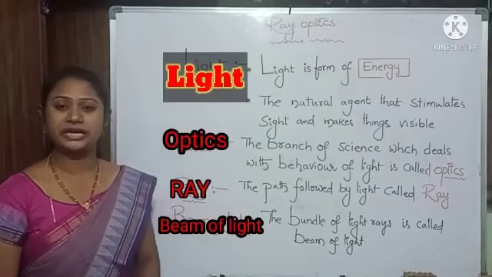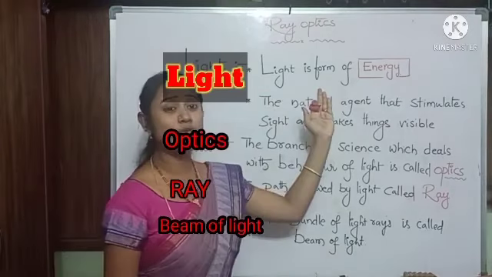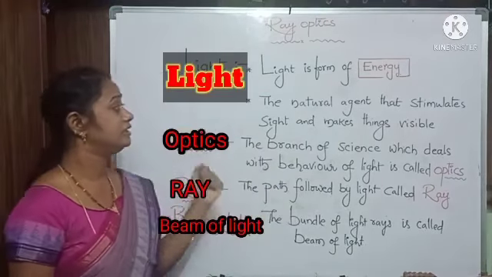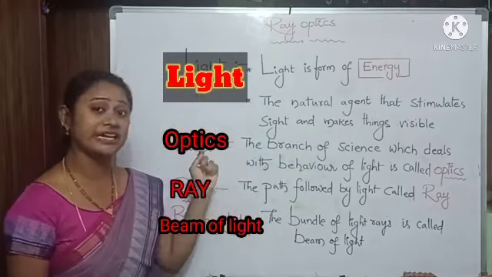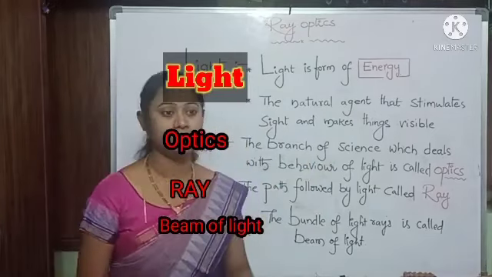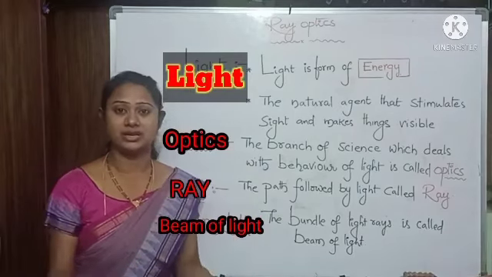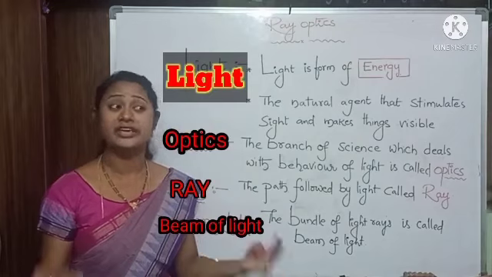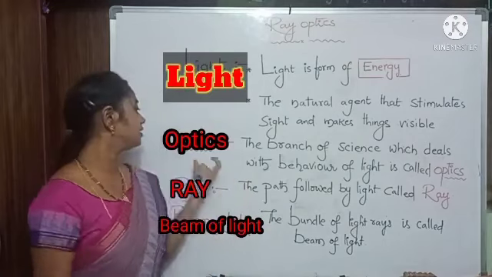We'll see the introduction of light. Light is a form of energy. It is the natural agent that stimulates sight and makes things visible. That means if we are able to see, that is due to light.